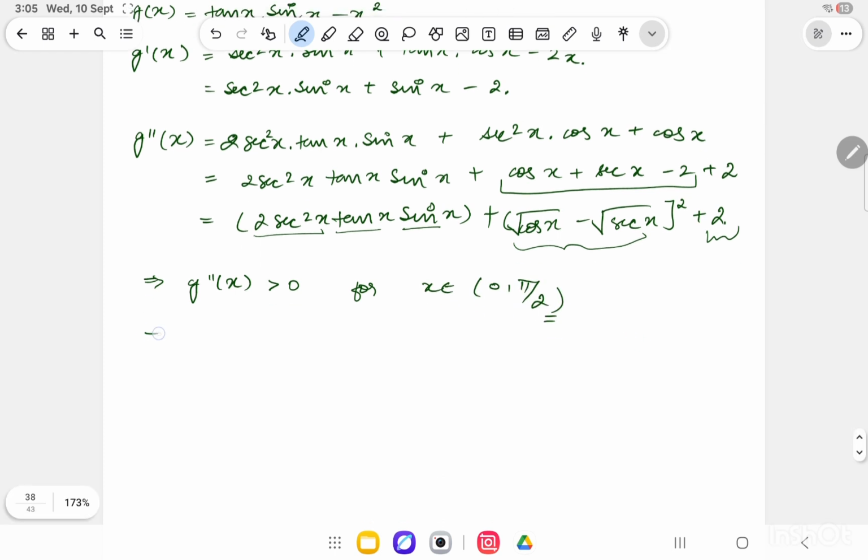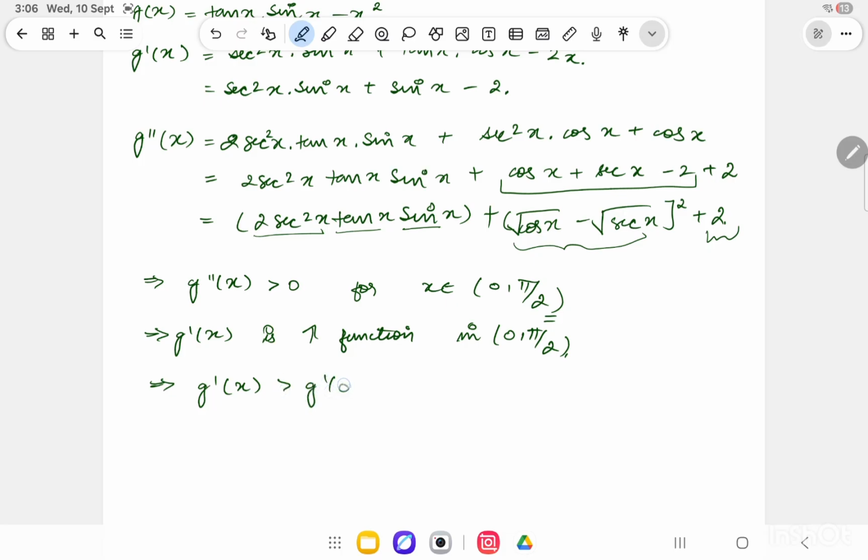So using this relation I can say that my function g dash x is increasing function in open interval 0, pi by 2. So my g dash x must be greater than g dash 0 because my x is greater than 0.